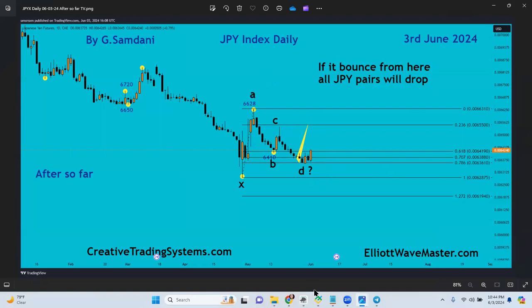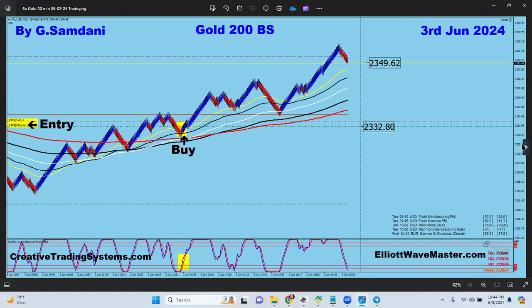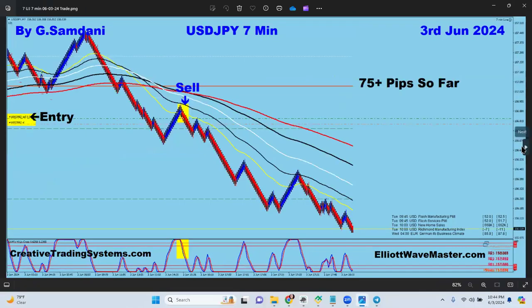So that's why I was able to take a couple of trades today, including this one. Even though yen is weak, I was actually expecting that. When I saw this short, I placed the EA here, and it took 75.50 to the downside on USDJPY, even though yen is weak and all yen pairs are going up.